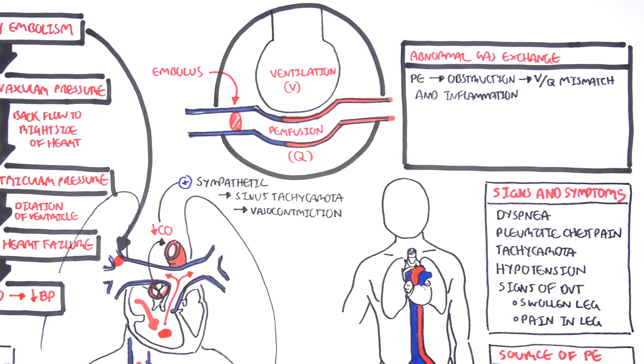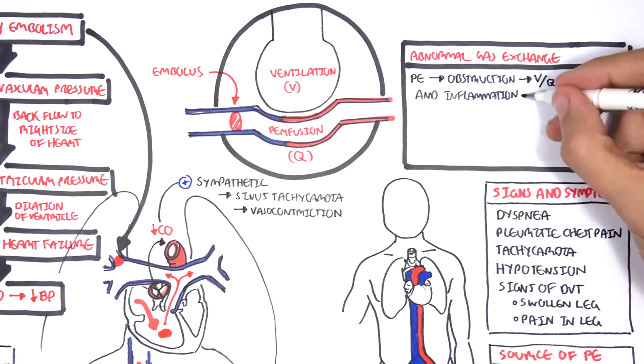Inflammation results in a lot of cytokines being released, which will lead to bronchoconstriction, which will decrease the oxygen coming in. And because of this, the decrease in oxygen will stimulate hyperventilation, so you're breathing rapidly, which will lead to hypocapnia, a decrease in carbon dioxide.